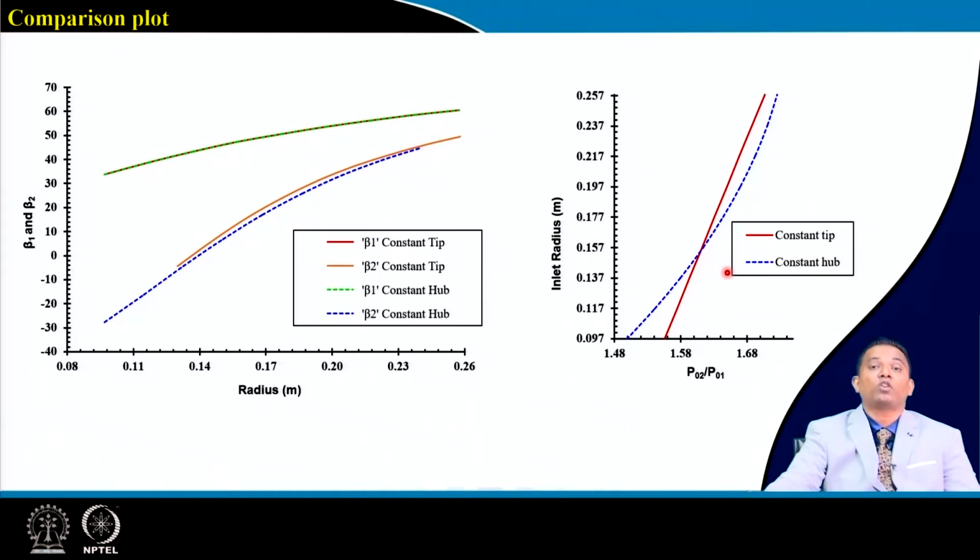In order to check the design, one group may work on the constant tip configuration and another group on the constant hub configuration. They may have different loadings, or both may select the same loading. Based on that, the performance assessment will be done.